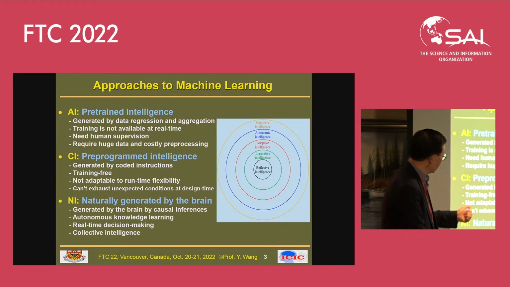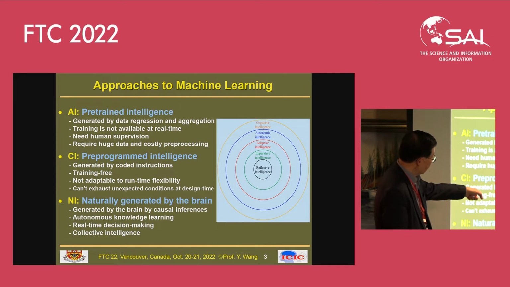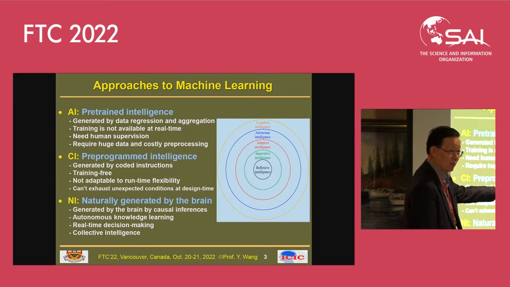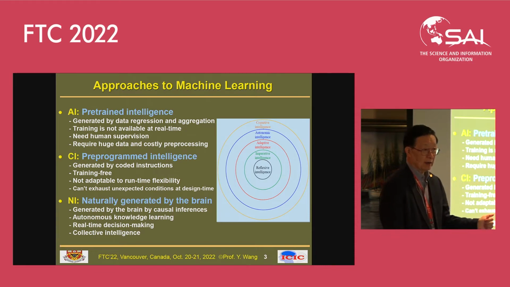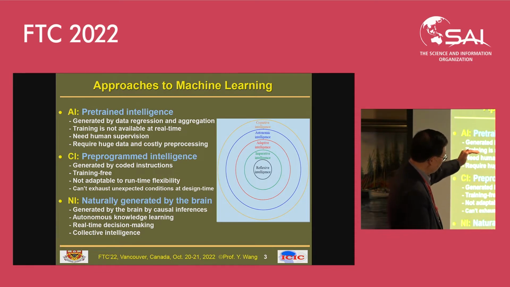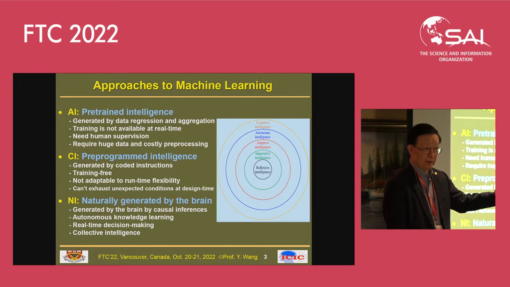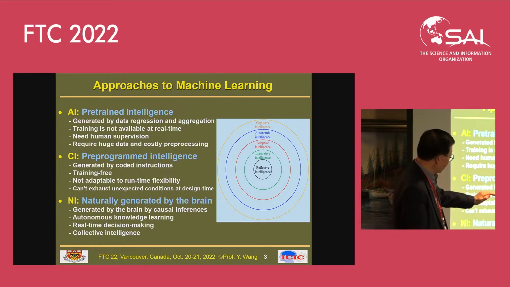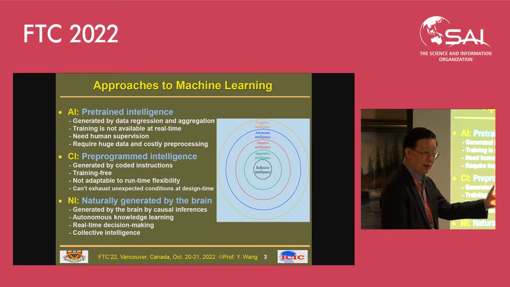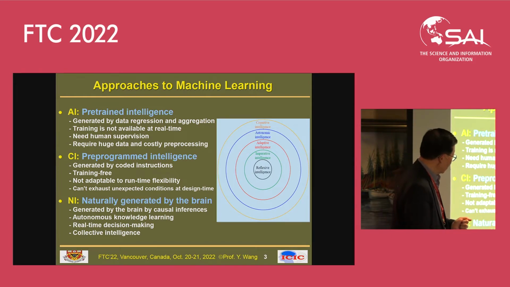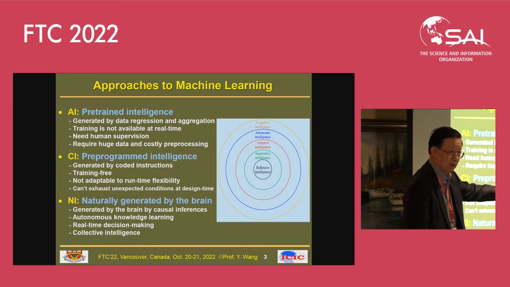Then we have the adaptive level, the third, in the right circle. Beyond that are the autonomous and cognitive levels. The cognitive level of intelligence is human-level intelligence. So our machines are actually still at the lower levels. AI-trained machine intelligence is at the bottom level, reflexive.